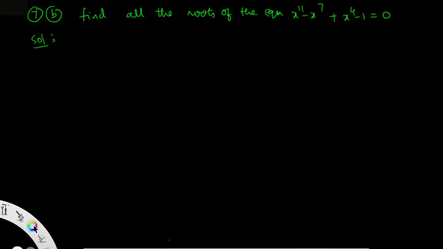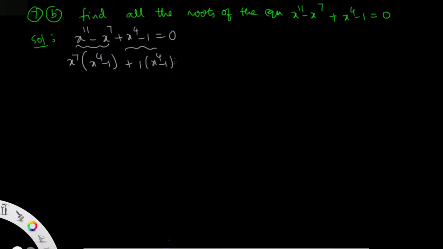First, general factorization method. Write x power 11 minus x power 7 plus x power 4 minus 1 equal to 0. From the first two terms take x power 7 common, then you get x power 7 into (x power 4 minus 1), and x power 4 minus 1 is common to both. Then you get (x power 4 minus 1)(x power 7 plus 1) equal to 0.